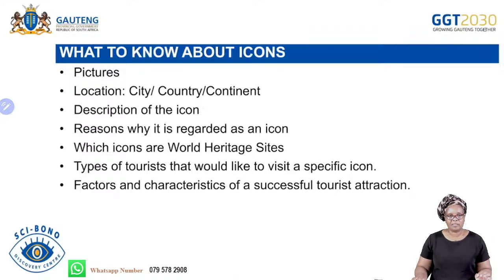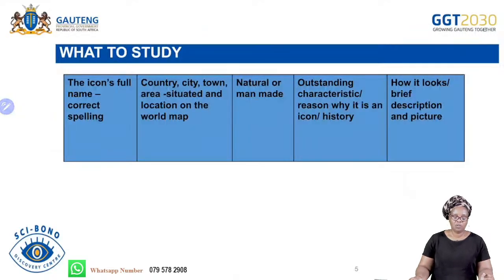So you need to know exactly which ones are associated or will be able to visit a certain icon. Lastly, you have to know the factors and characteristics of a successful tourist attraction. We'll look at that, but for now, this is what you need to know.